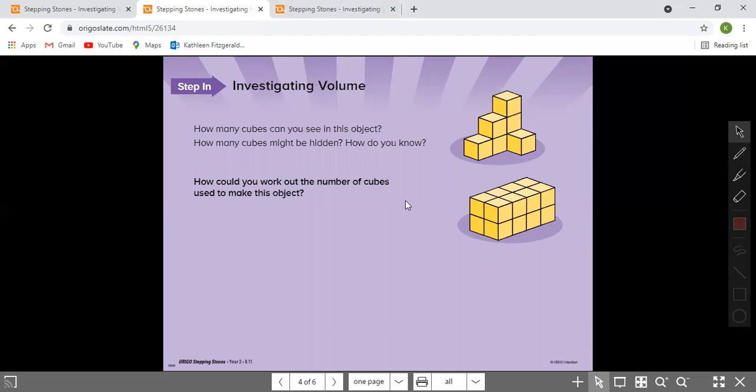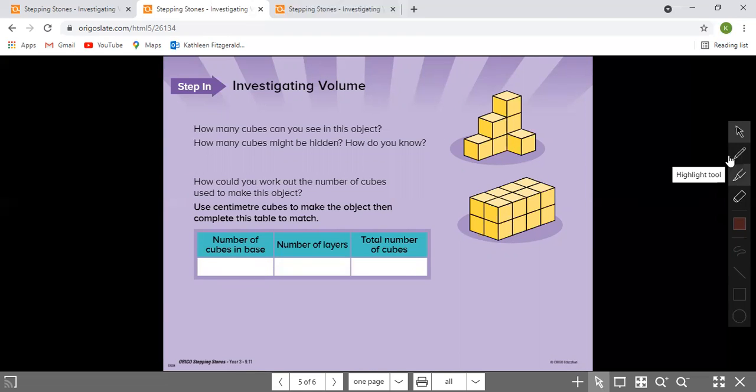But now we've got one that we can calculate. Okay. How could you work out the number of cubes used to make this object? Well, we would count the base. We have got 1, 2 on the width, and then 1, 2, 3, 4 on the length. So width times length is 2 times 4, which equals 8. And we've got 2 layers, so it would be 8 times 2.